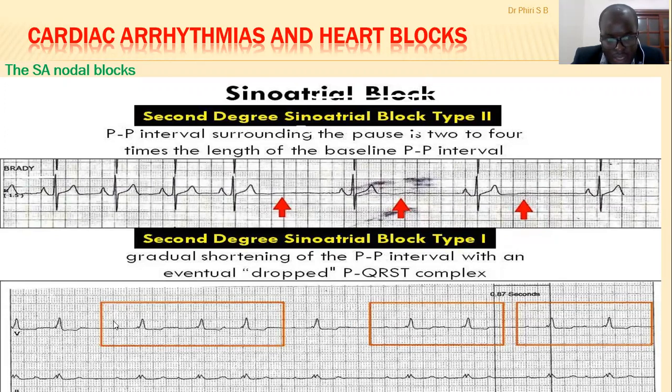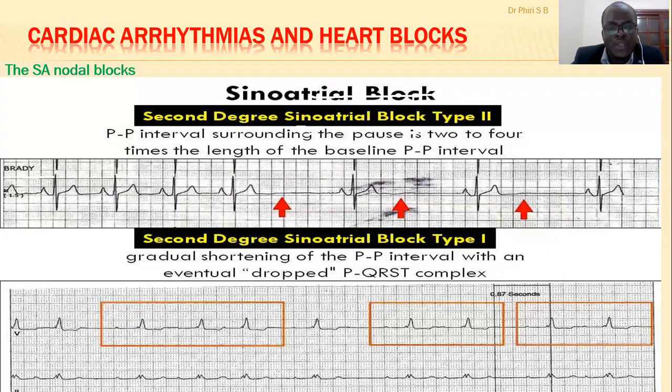So the PP intervals are reducing, then at some point you don't have the QRS complex. So this is the second degree sinoatrial block type 1, which is also called the Wenckebach sinoatrial block or Mobitz type 1. Then you have sinoatrial Mobitz type 2.